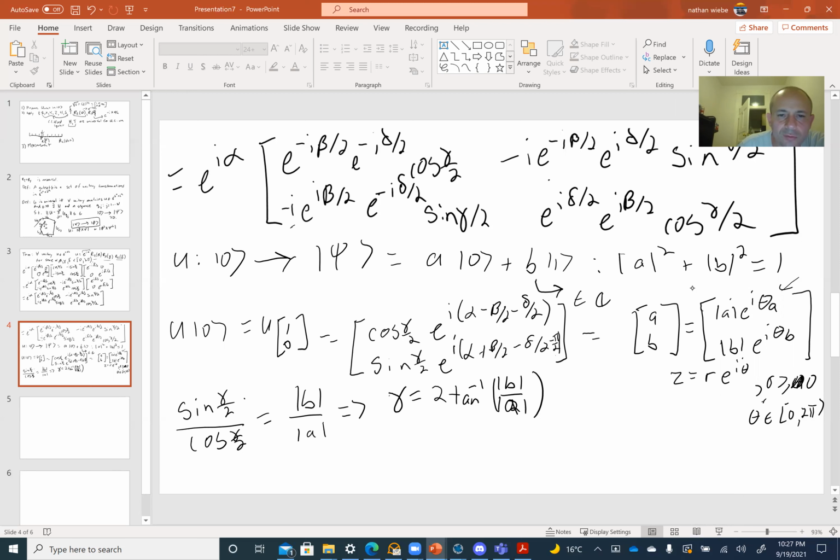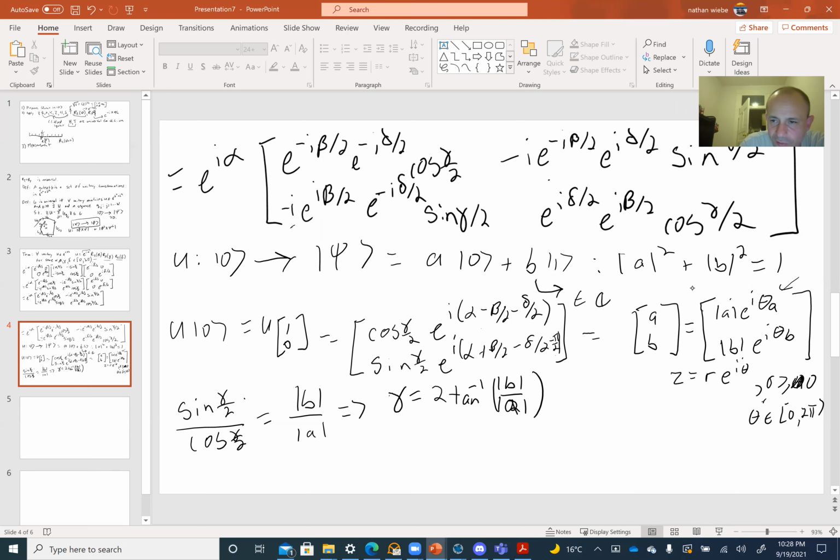However, we need more information in order to figure out what the rest of the unknown parameters are. In particular, we'd like to know what beta and delta are, as well as alpha, I suppose. So the next thing we're going to do is take a look at these angles. If equality is reached, we don't just match the magnitudes, we also need to match the phases.